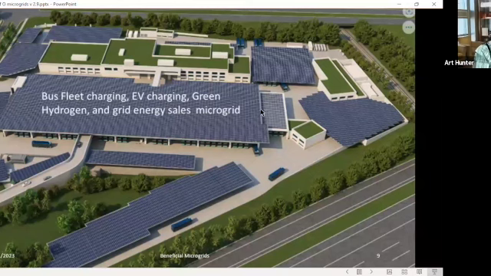Although this is a drawing, you can see the buses being charged here, and you see the ramp of EVs going up to join the charging station, and they in fact use any excess to generate hydrogen, which they then sell as well.